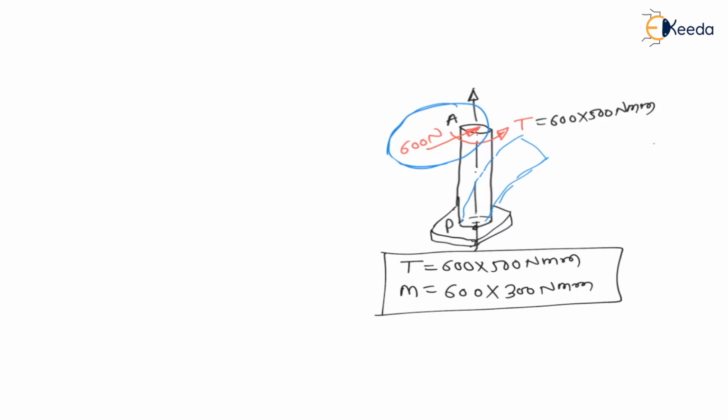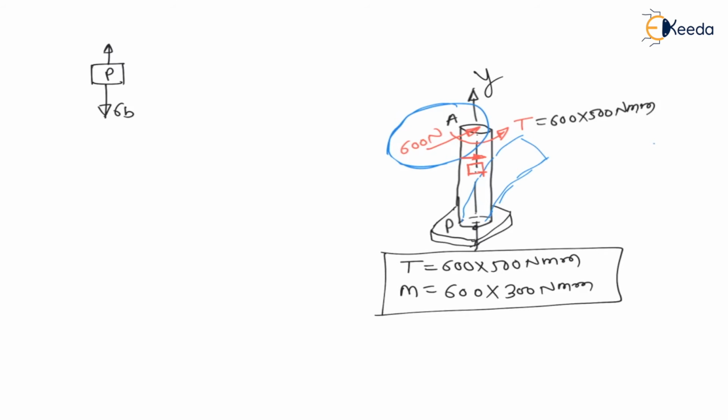Therefore number one, if I want to show element at P, let us say this is a P element, due to bending moment, can you imagine the y-axis is going to bend? Due to bending moment, y-axis is going to bend. Therefore there will be a bending stress along y-axis, sigma b. And due to twisting moment, there is a torsional shear stress. If I consider the element over here, torque will go like this.